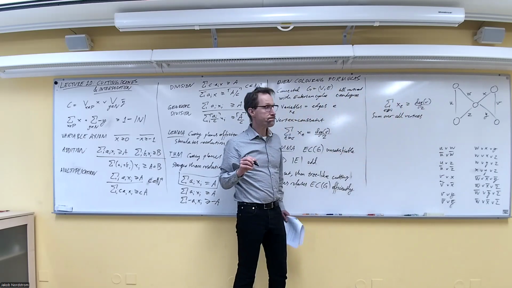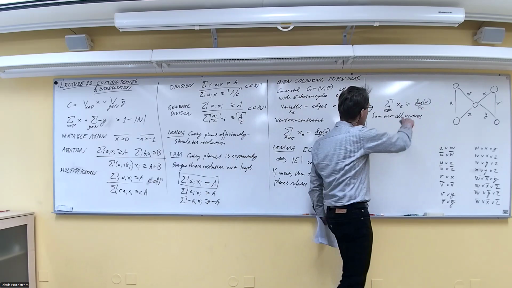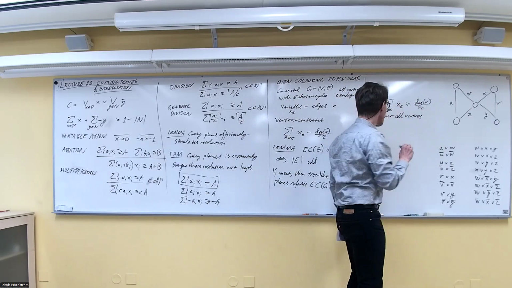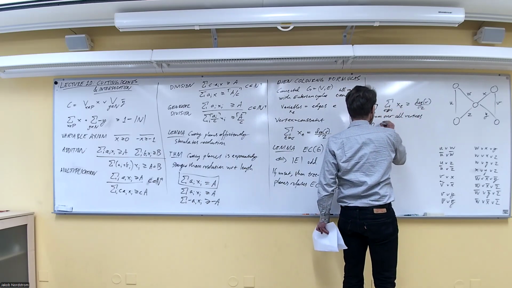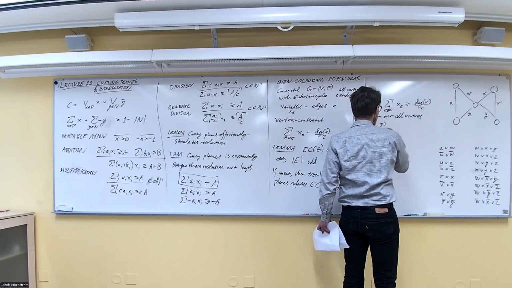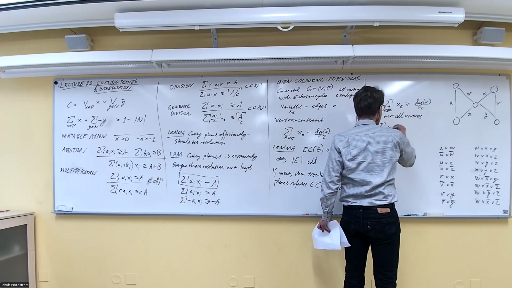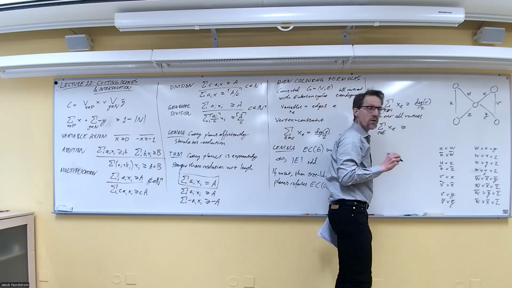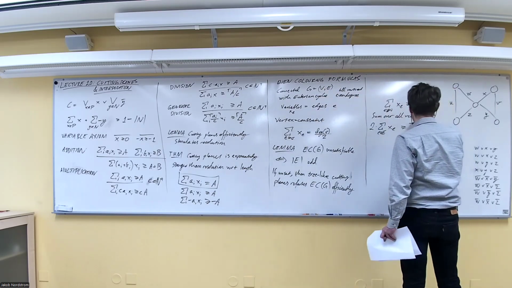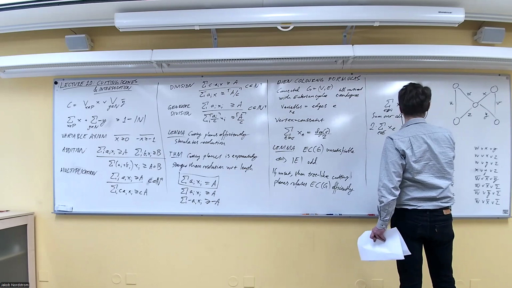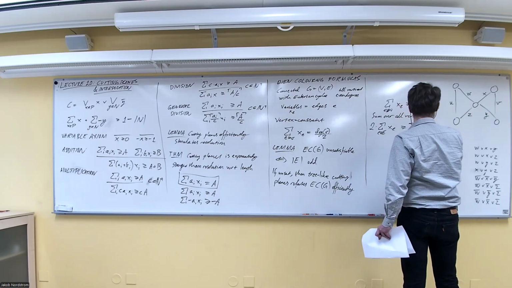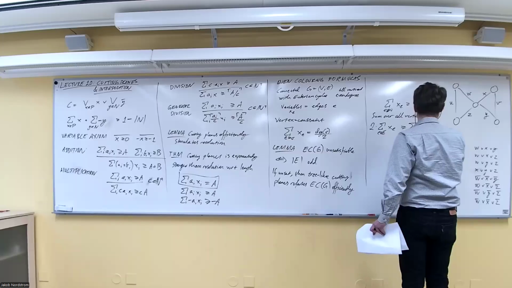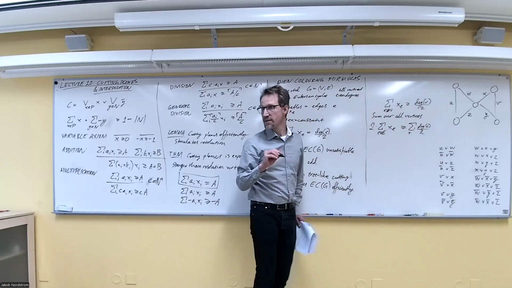then what do we get? Well, we're going to count every edge exactly twice, right? So on the left-hand side we get 2 times the sum over all edges of x_e, greater or equal. What do we get on the right-hand side? Well, we get the sum over all vertices of the degree of the vertex divided by 2. Yes?